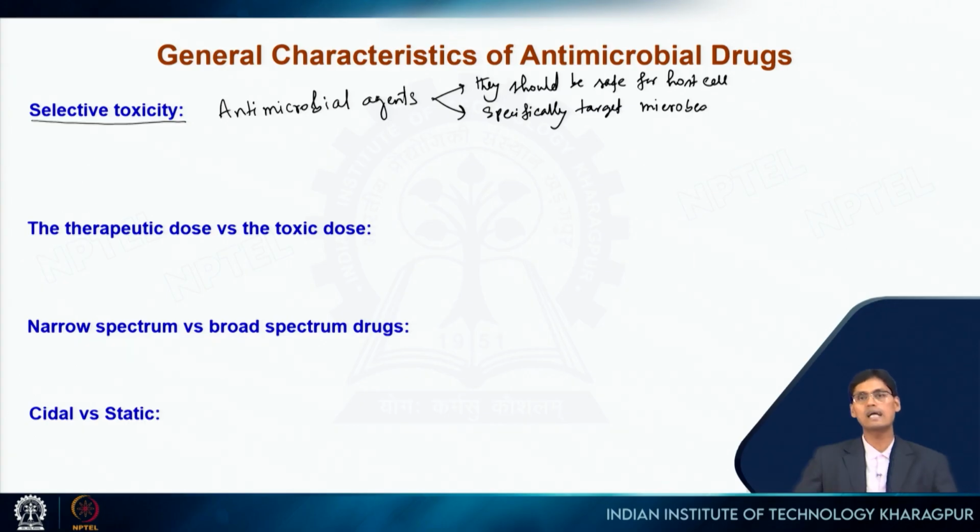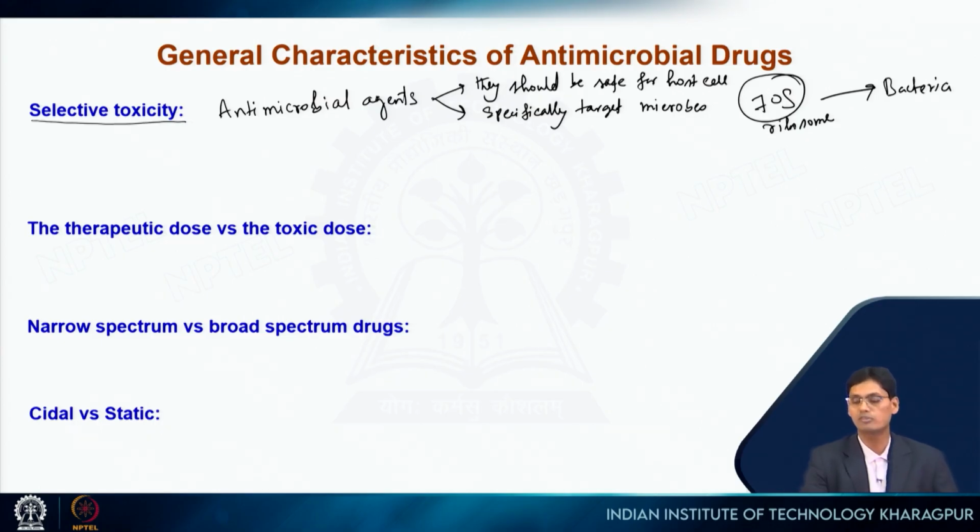So if we can develop some kind of antimicrobial agent that can specifically target the 70S ribosome, this is present in bacteria.